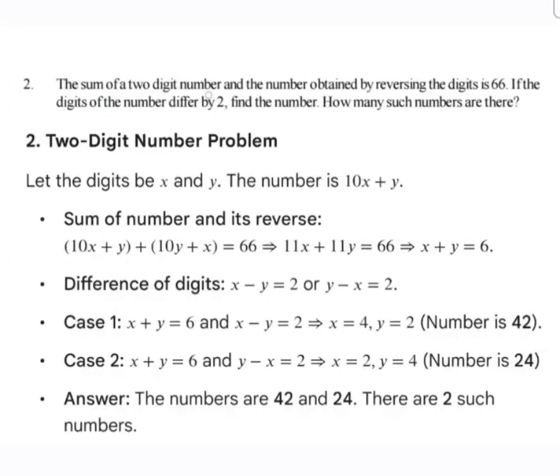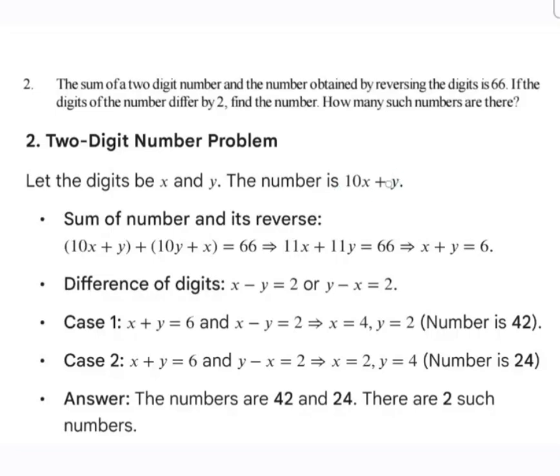The sum of a two-digit number and the number obtained by reversing the digits is 66. If the digits of the number differ by 2, find the number. How many such numbers are there? Now let the two digits be x and y, the number is 10x plus y.